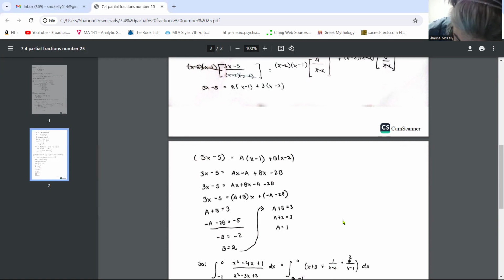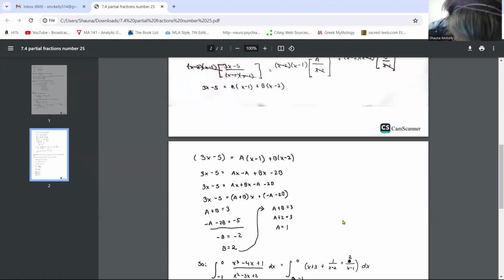You see that I distributed and then I grouped the like terms together. And after I grouped it, then I set up a system of equations. So a plus b, times x, has to be the coefficient of the x, which is 3. And negative a minus 2b has to be the coefficient of the second term, so you have -5 there.